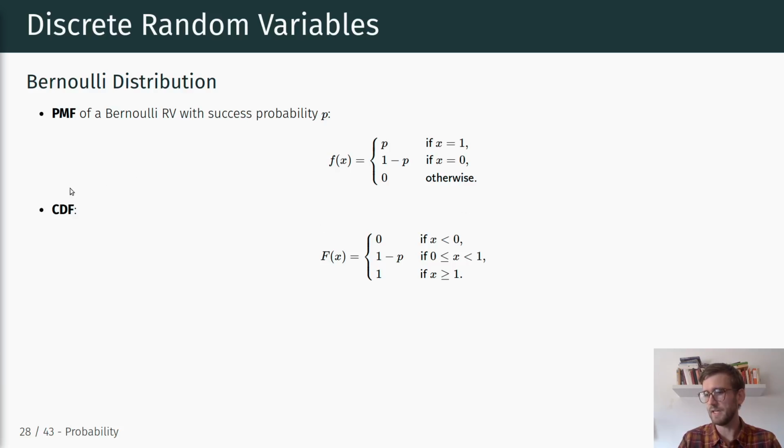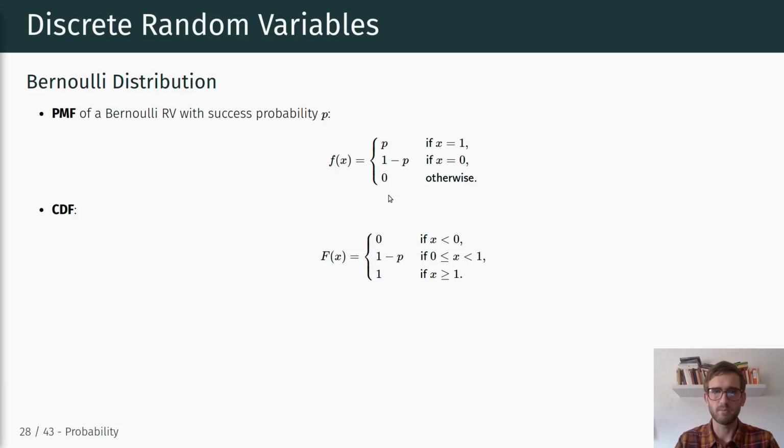We can then also specify the cumulative distribution function. And again, remember the cumulative distribution function tells us the probability of the random variable taking a value smaller or equal to x, right?